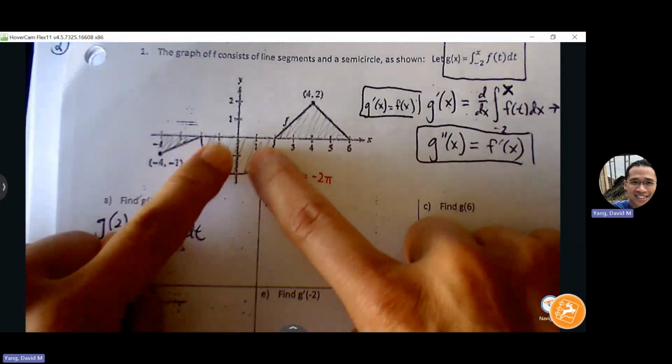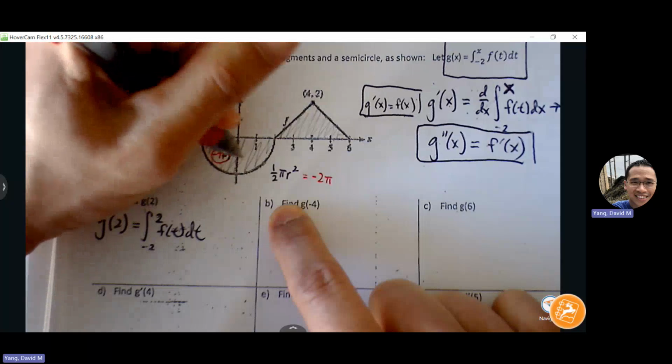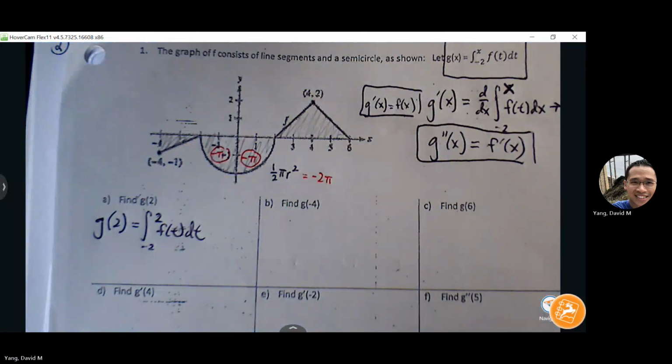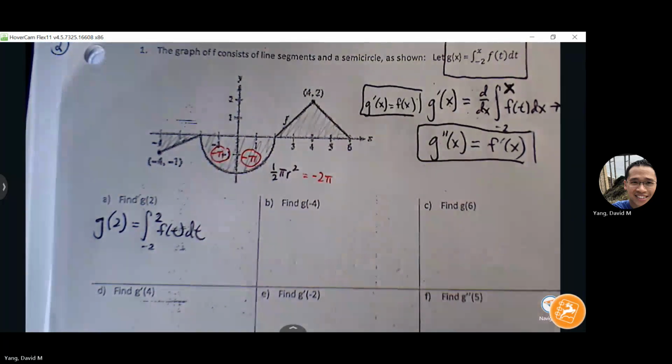And if I want, I can just split them between the 2 regions here. So the definite integral from -2 to 2 will just be equal to what? -2 pi, right?